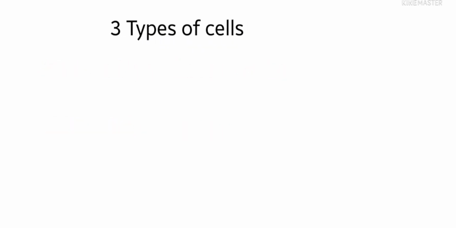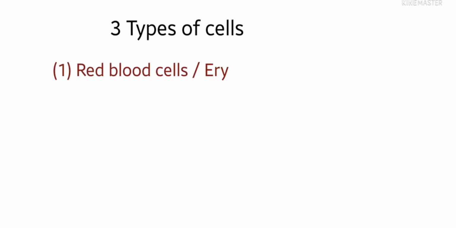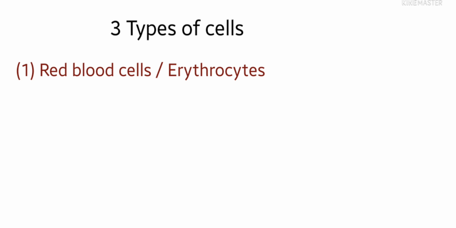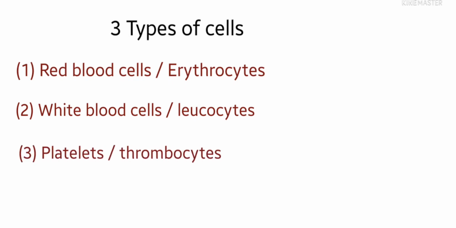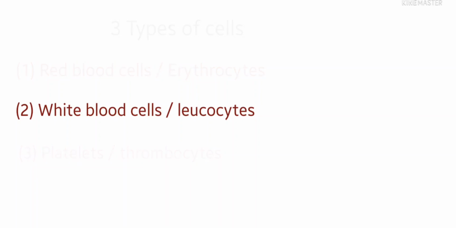The solid matter in blood consists of red cells, called red blood cells or erythrocytes, white cells or leukocytes, which are colorless, and tiny particles called platelets. Let's study the blood cells further.